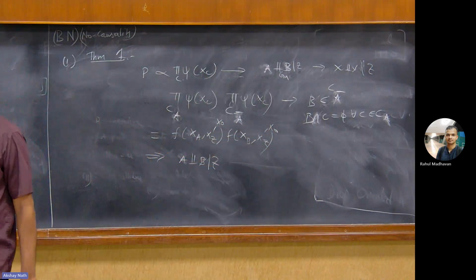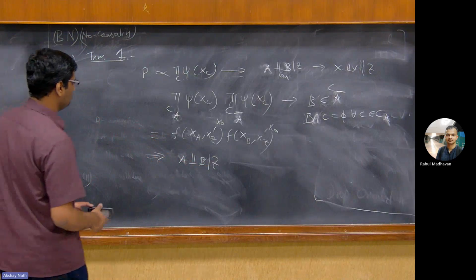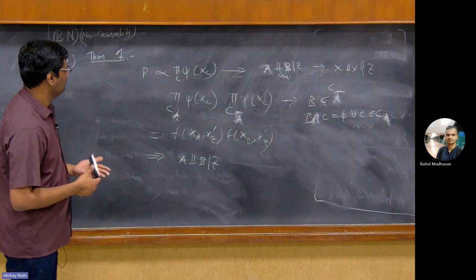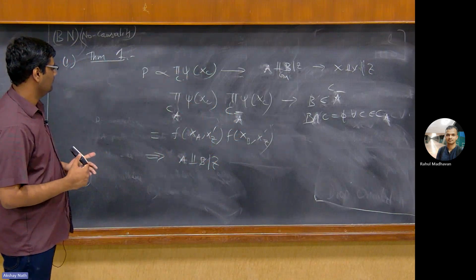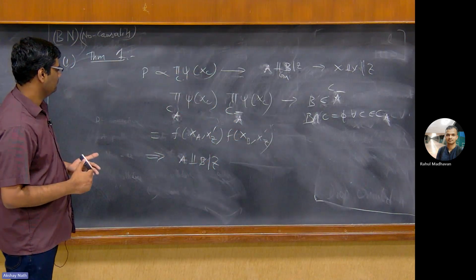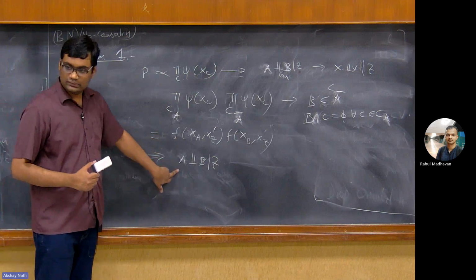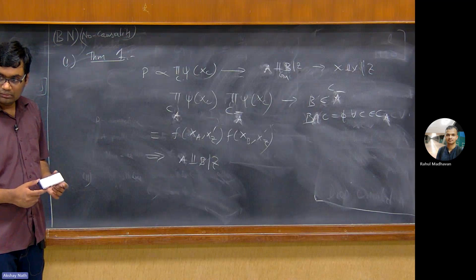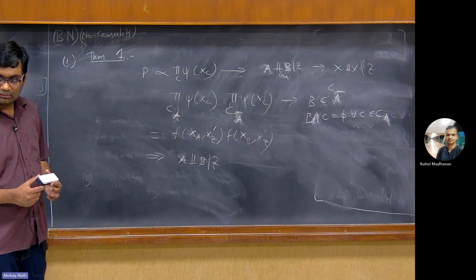Why is the product over CA of phi of XC, the first product, equal to the probability of A given B? Why is this equal to this? I understand that you get two factors and you separate out the two variables, hence you're saying they have to be independent.